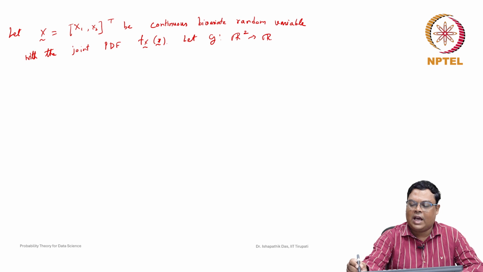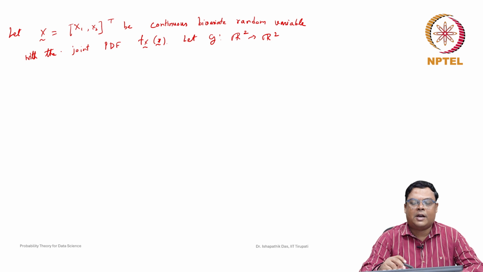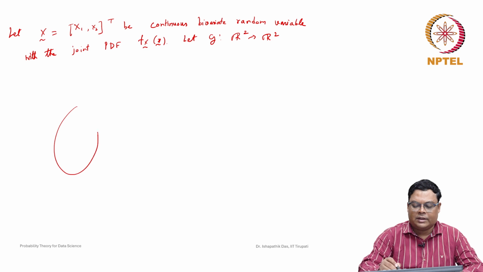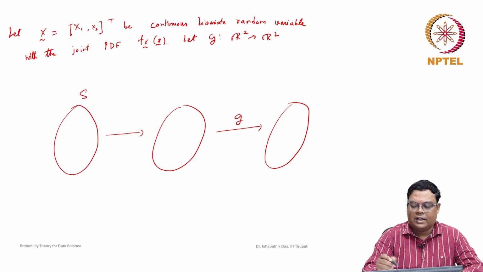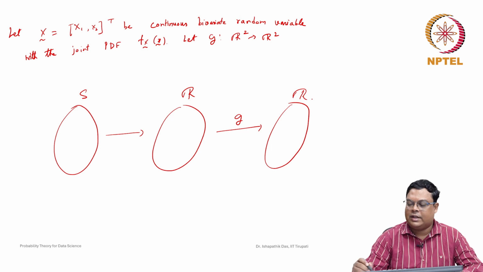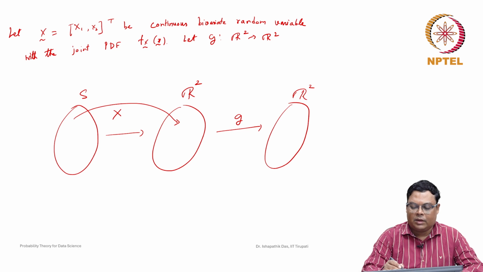Let g be a function from R2 to R2. Because it is a bivariate random variable, X is a measurable function from the sample space S to R2. Earlier we had S, then R, and then a measurable function g from R to R. Now, because X maps S to R2, some value s is taking the value X of s, and then under g this point goes here.